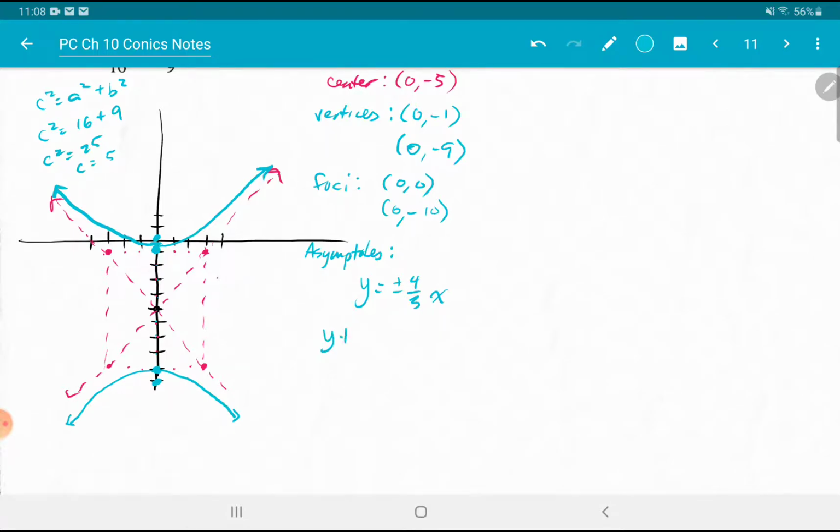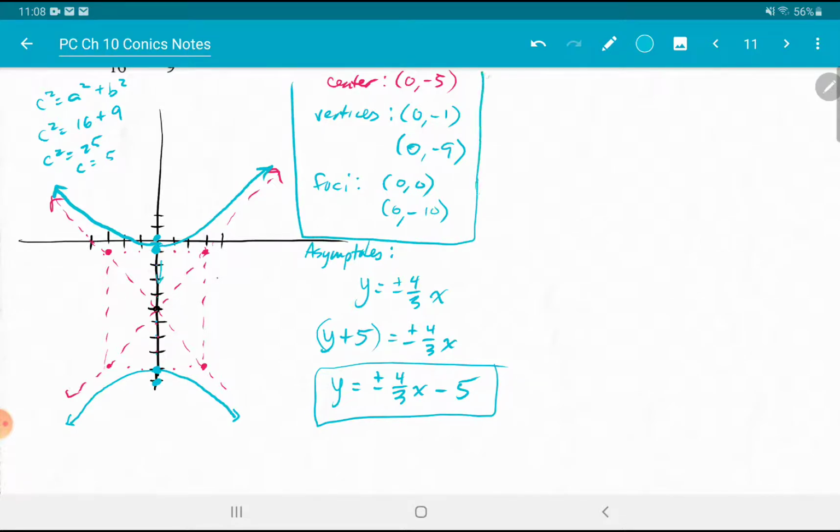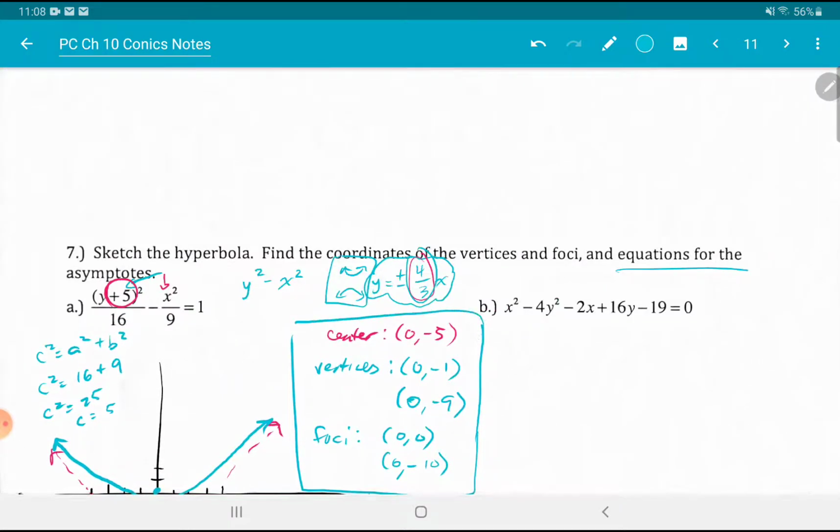So y plus 5 is equal to plus minus 4 over 3x, or if you move that 5 over, another way you can say that is y equals plus minus 4 over 3x minus 5. And you can see how that asymptote checks out. You basically have a line that has shifted down by 5. So you have all of the information you need for this problem now. And that's it.